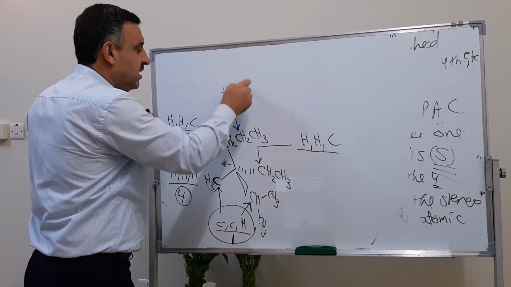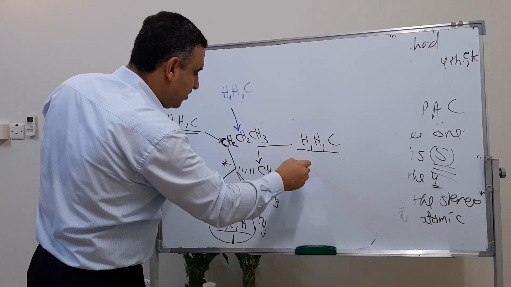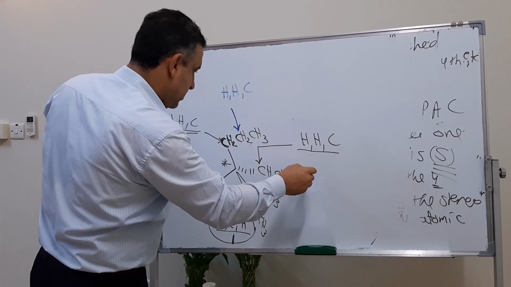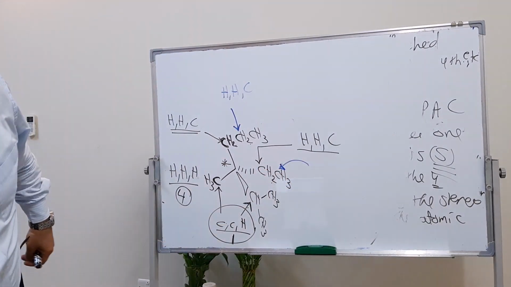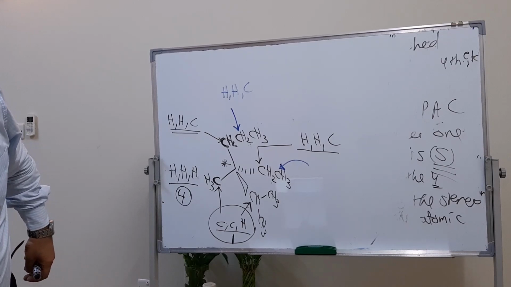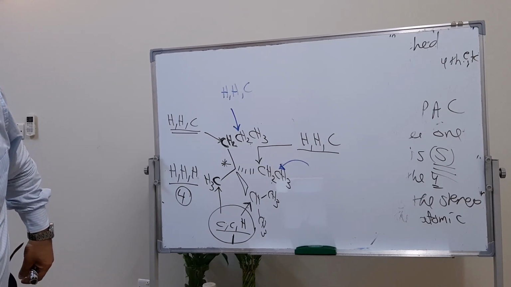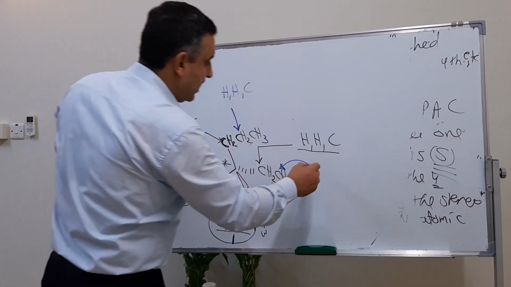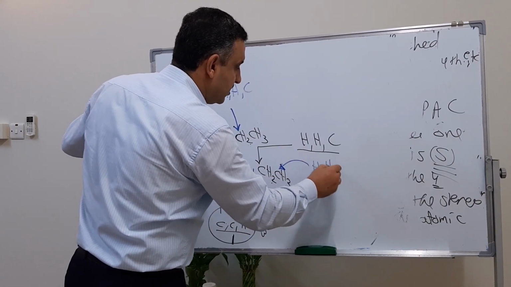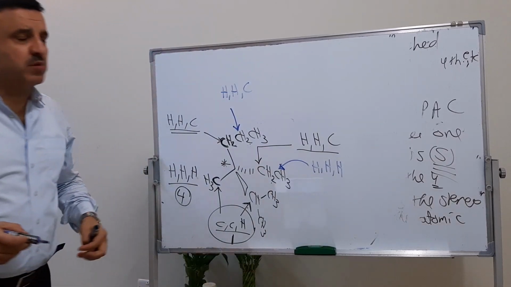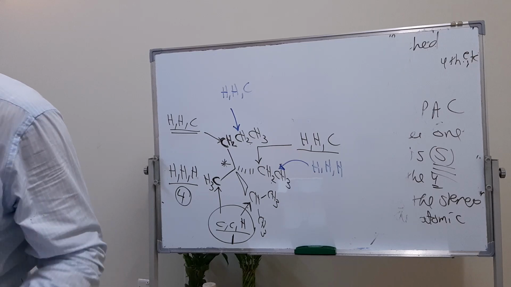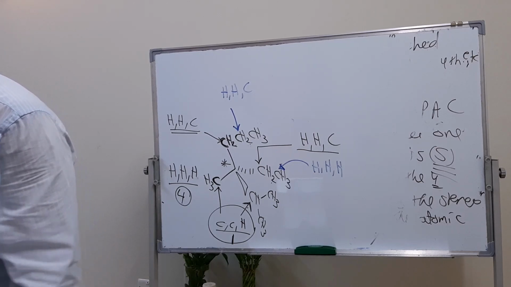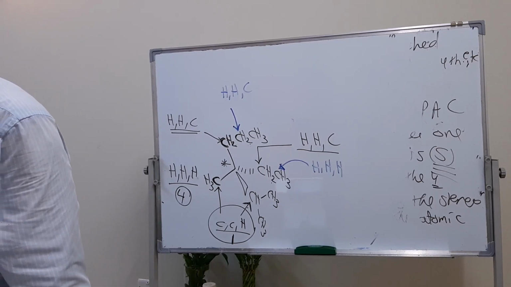What are the atoms attached to this carbon now? What are the atoms attached to the last carbon? Absolutely. Hydrogen, hydrogen, hydrogen. So, which one should be number 2 and which one number 3? Which group must be number 2?